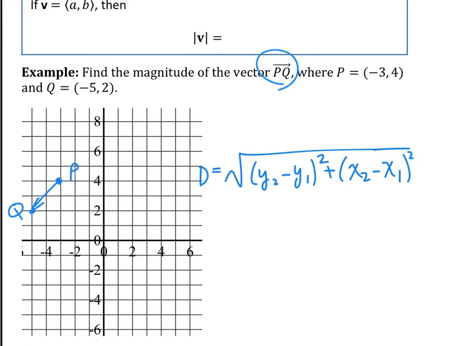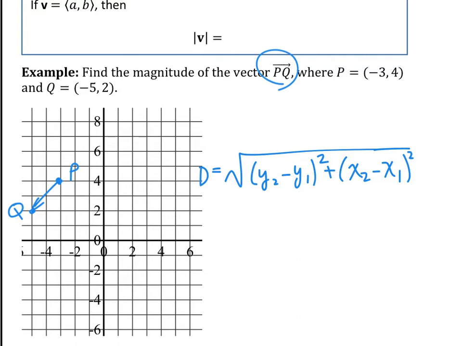So now how do I apply it to figure out the length of PQ? It has some points, right? -3, 4, and -5, 2. I can just plug those numbers in. So y2 minus y1 squared plus x2 minus x1 squared, and then square root the whole thing.